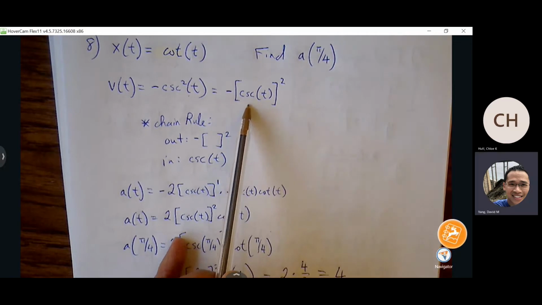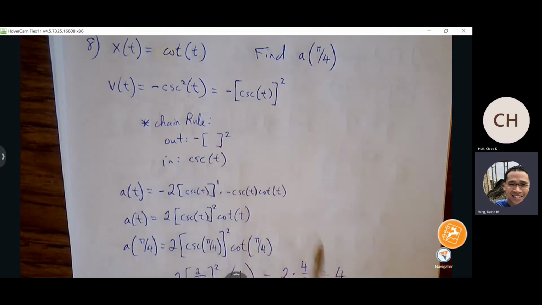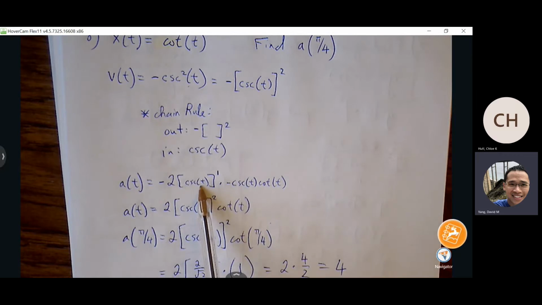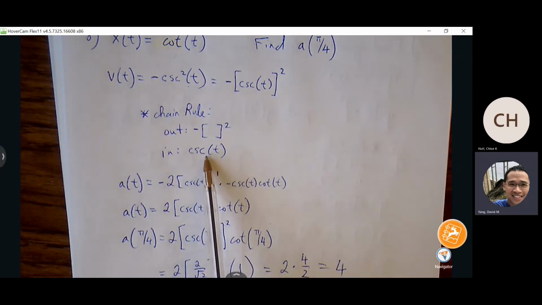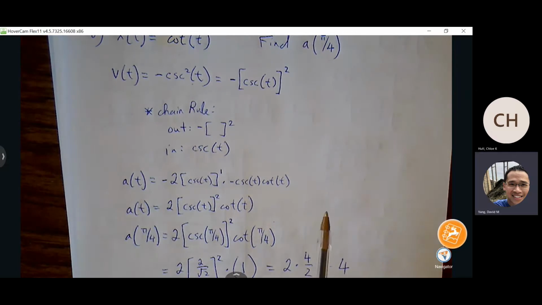Before I get to acceleration, there's an outer portion, that bracket squared, and the cosecant I have to deal with. So outside derivative first, -2 bracket to the first power, fill the space with cosecant. Next up, cosecant's derivative, negative cosecant cotangent. And there's no inner, the inner t becomes 1, so I can ignore that.